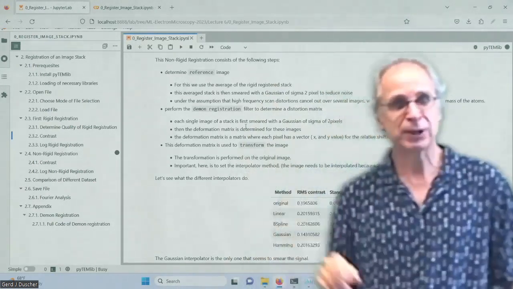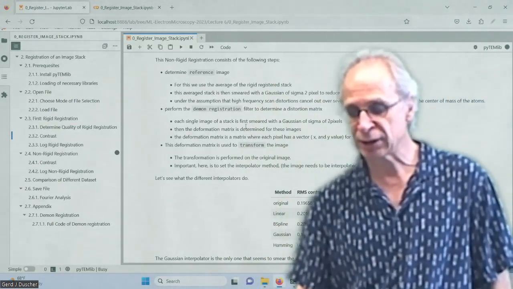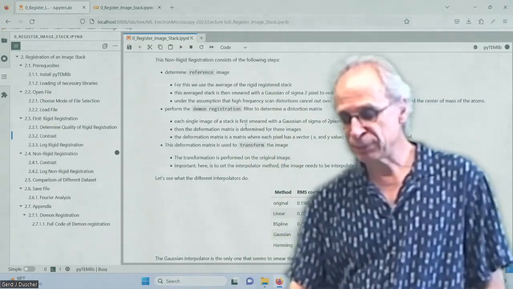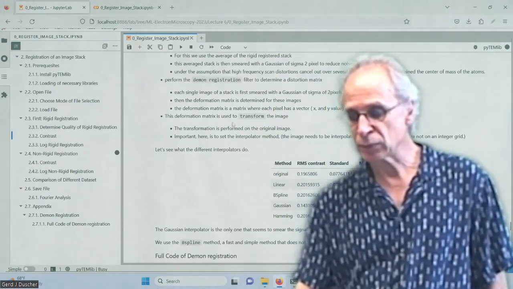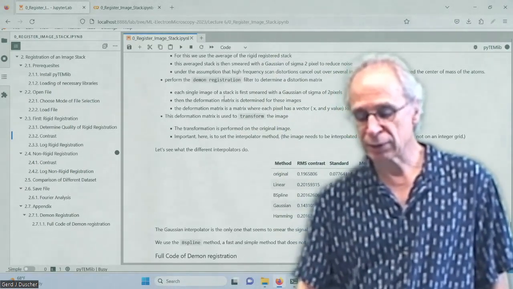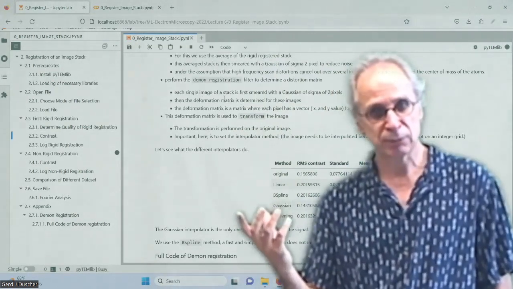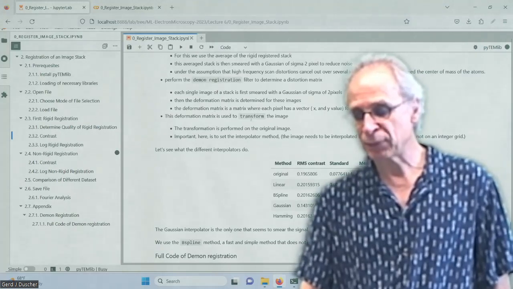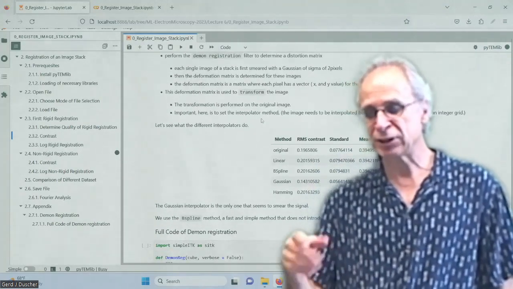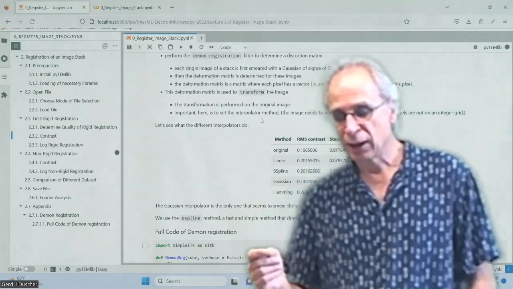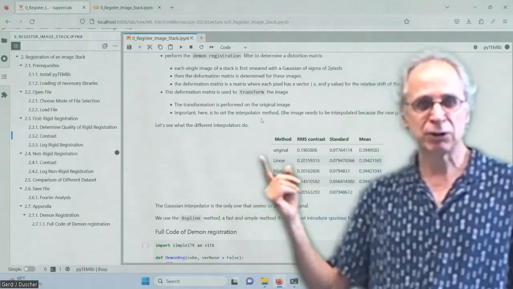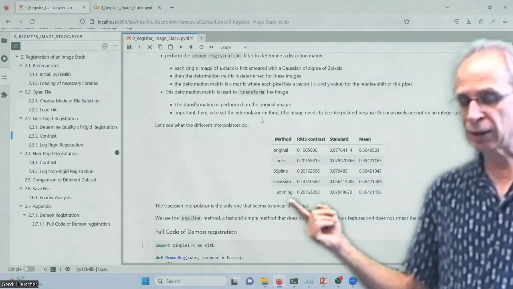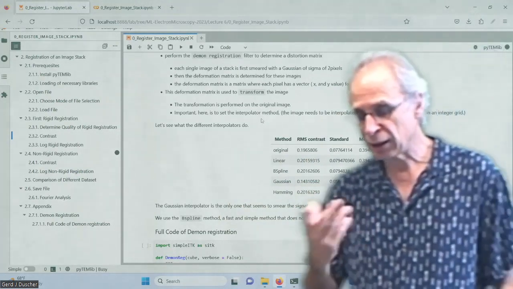If there is a problem with one of the images, of course, you can throw it out, right? And then there are different ways to determine the deformation matrix. The deformation matrix is then used to transform the image. And there are different ways of doing that. So you can do it linearly, with a spline, with a Gaussian smearing, Hamming window.